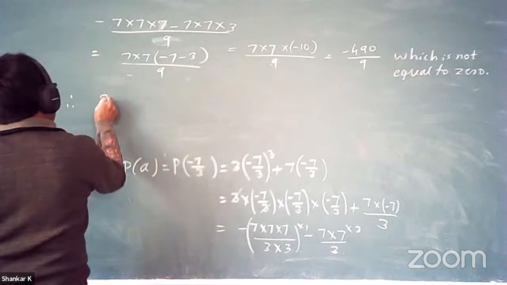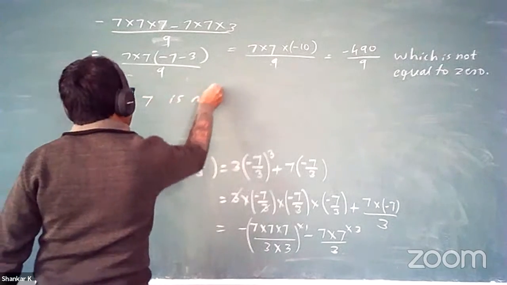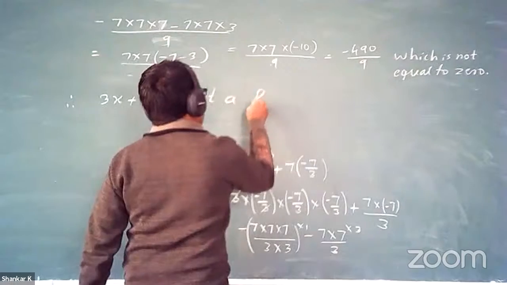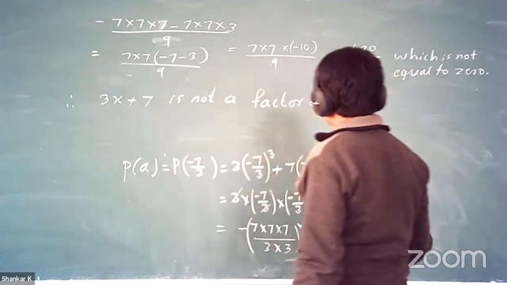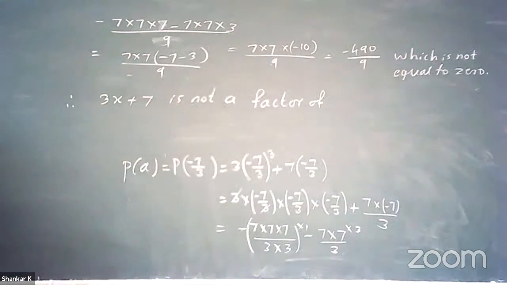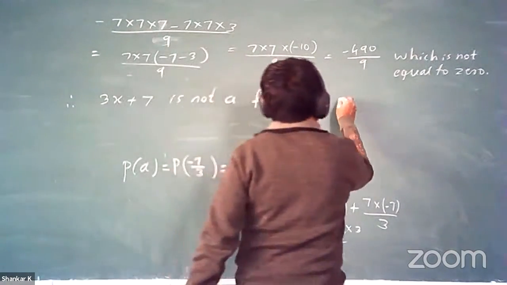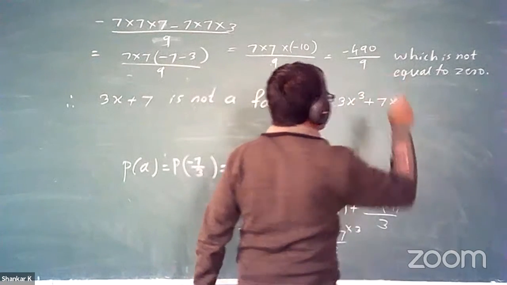Therefore, 3x plus 7 is not a factor of 3x cube plus 7x.